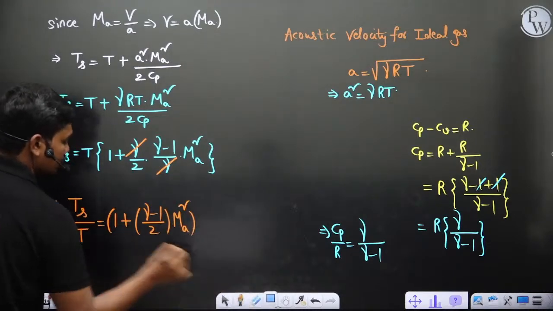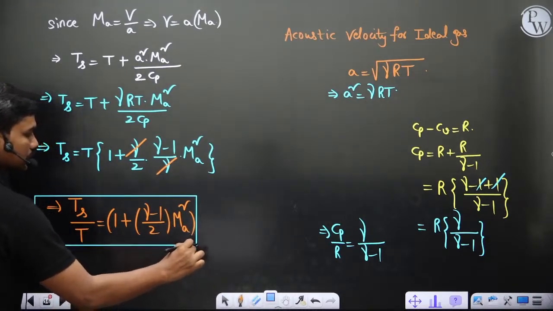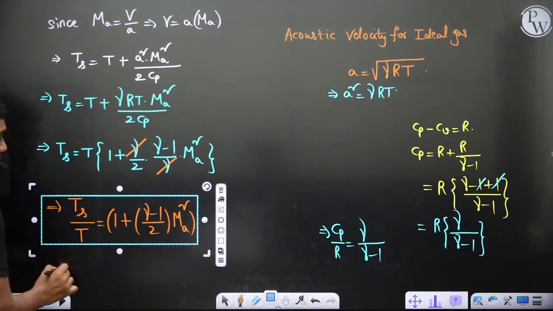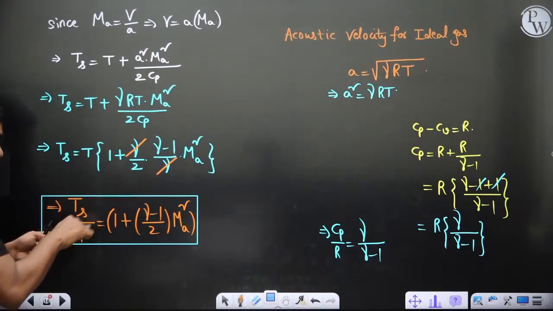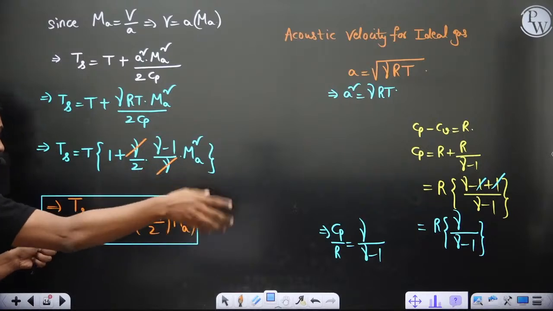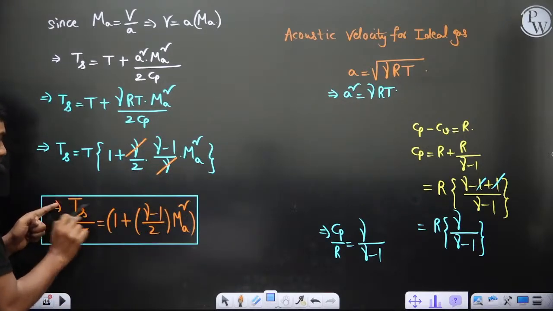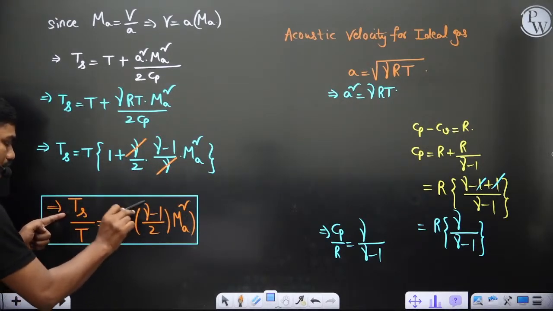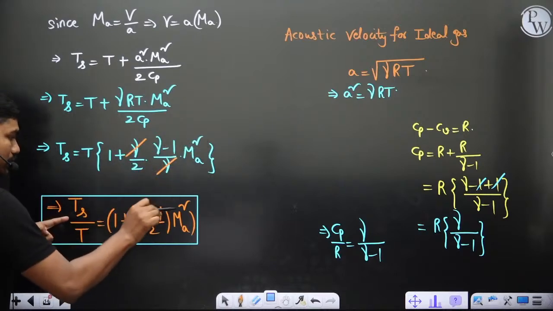This formula you might have seen in many books. It is the condition for stagnation temperature: if there is a medium at temperature T flowing at some Mach number, say 0.2, 0.4 or maybe 3, 5, whatever, the stagnation temperature can be calculated with the gamma of the fluid and Ma square.